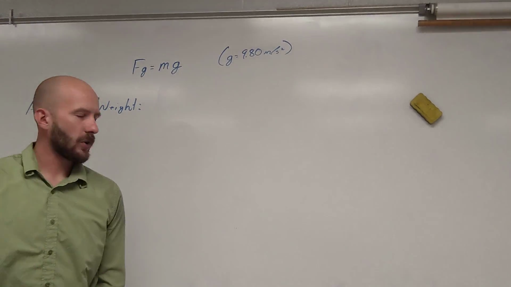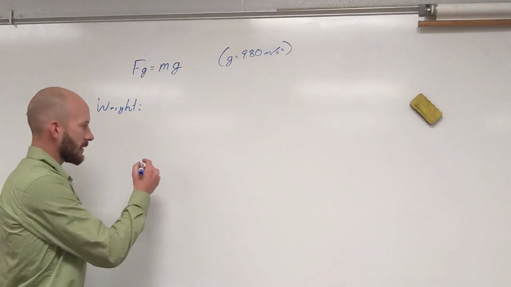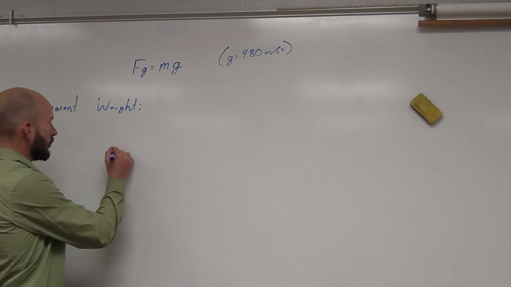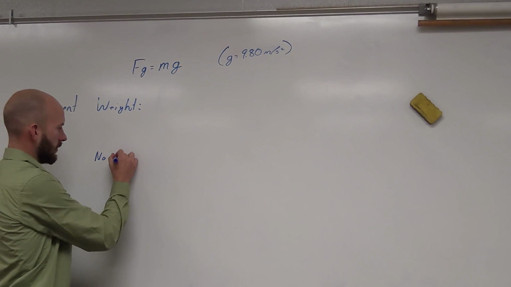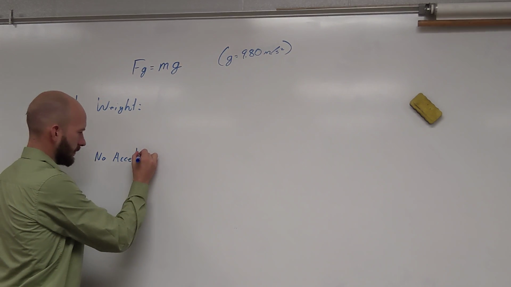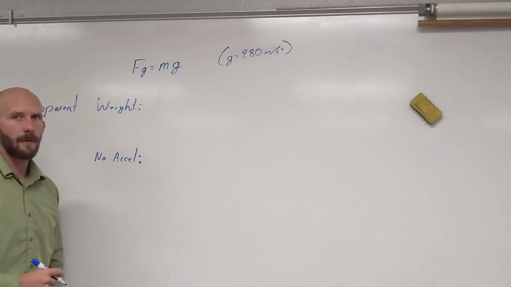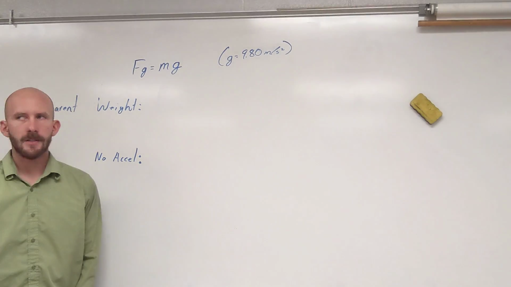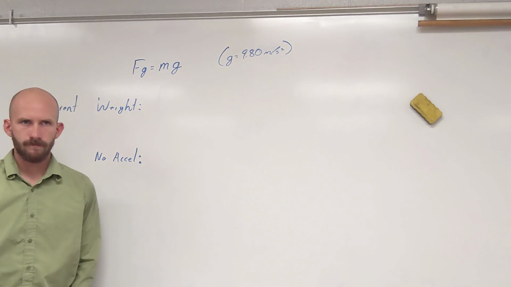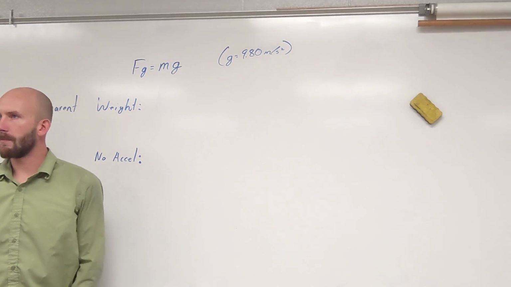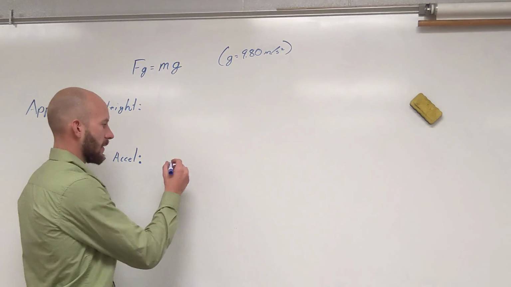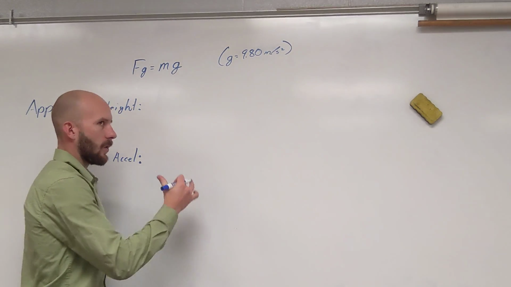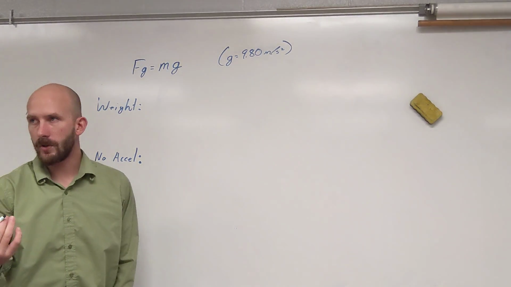So, just real quick, in a normal situation, no acceleration. If you're just standing on a set of scales, like a normal set of bathroom scales, the scale exerts the only upward force on you, right?